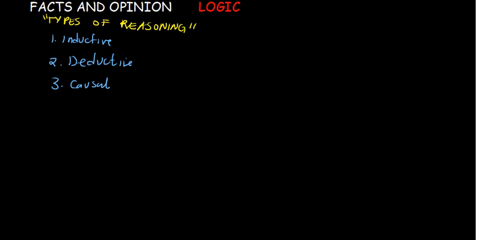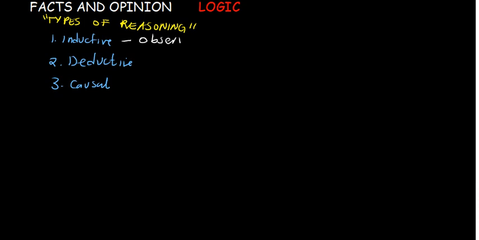What do they mean? Inductive reasoning is the formulation of a conclusion based on observation. Remember, reasoning is being able to conclude, making a reliable judgment. The only way you are able to formulate a conclusion is when there is observation. That is inductive.